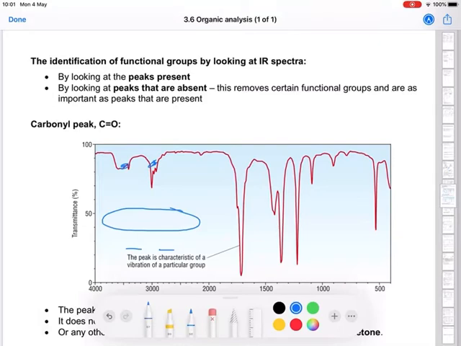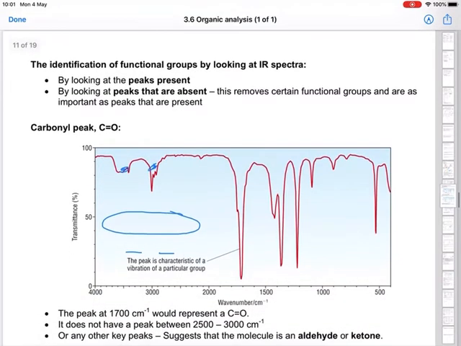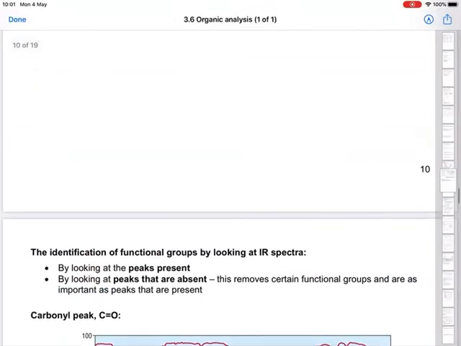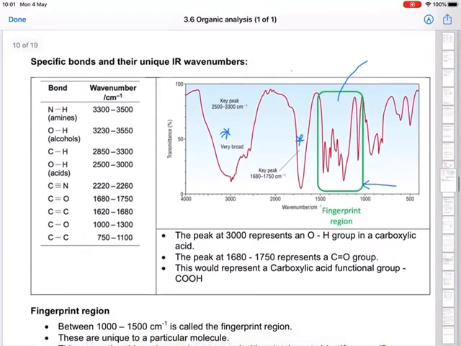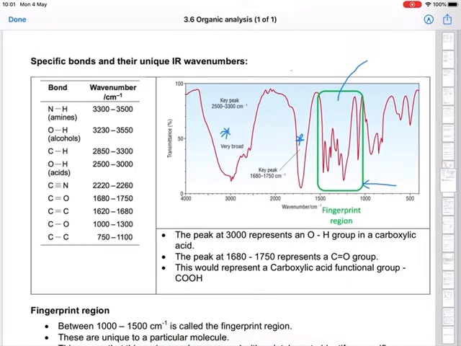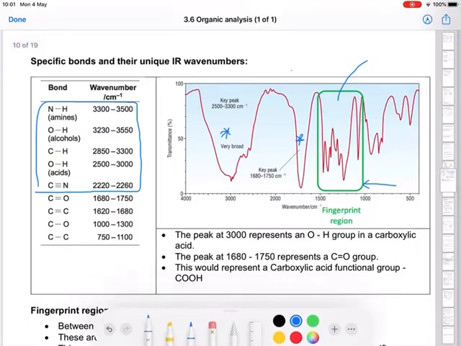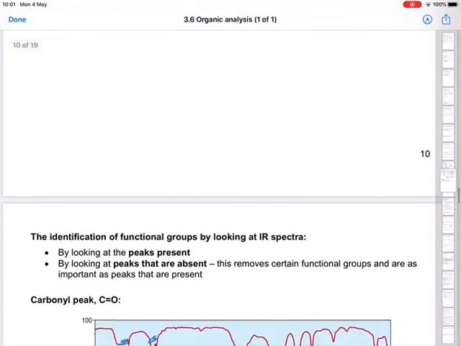So we've got no peaks there. So if we look at what we haven't got between 2000 and 4000 up here, what that means is that in that molecule, we don't have any of those, okay?